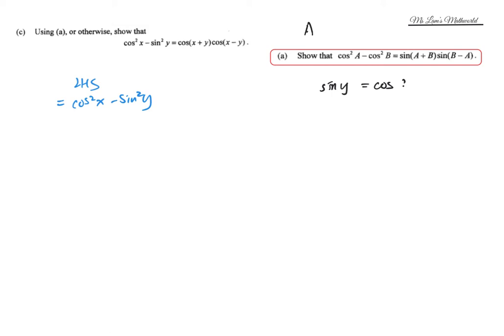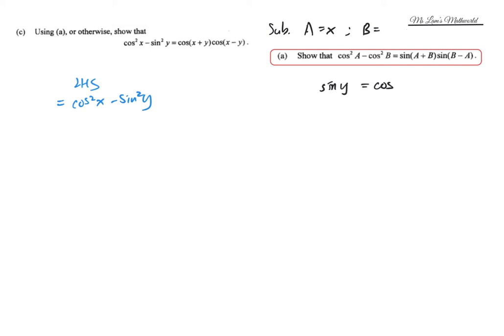So right now we can substitute A is equal to x, but B should not be just y. That means we have to change the sine into cosine first. So let's change that.